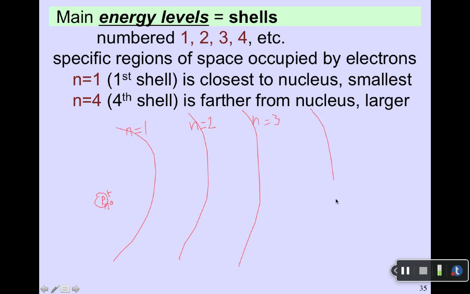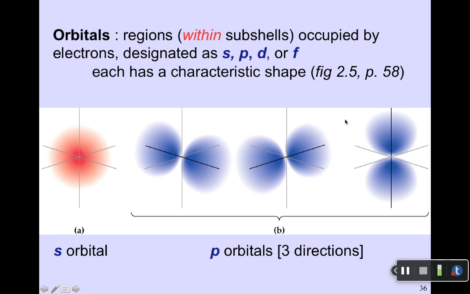The closer they are to the nucleus, the lower the energy, because it's low energy for a negatively charged electron to be close to that positively charged nucleus. So we think of these shells of electrons where these will be found, and we will describe them according to different other descriptions, as we'll see.